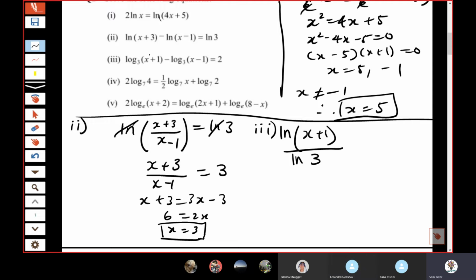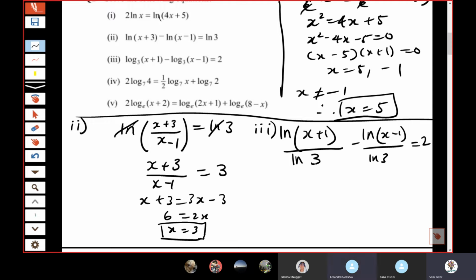This is log of this over log of this. All right, all good. ln x minus 1 on ln 3, perfect, equals 2. Beautiful.